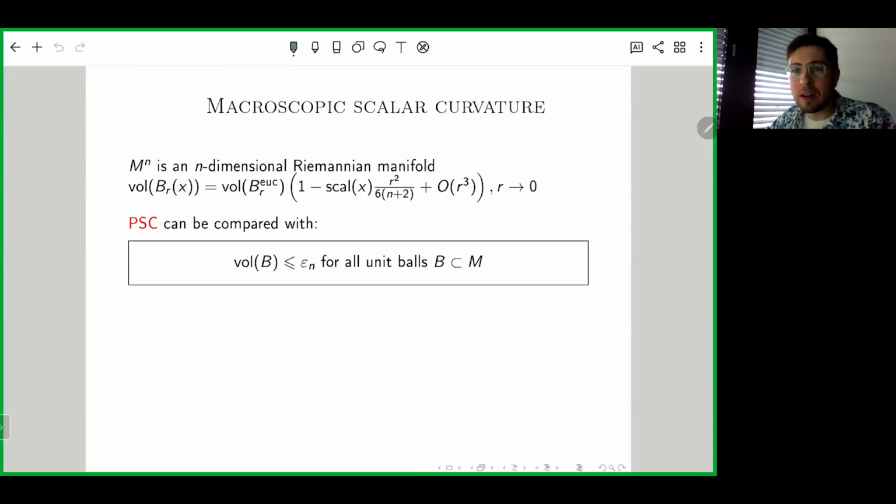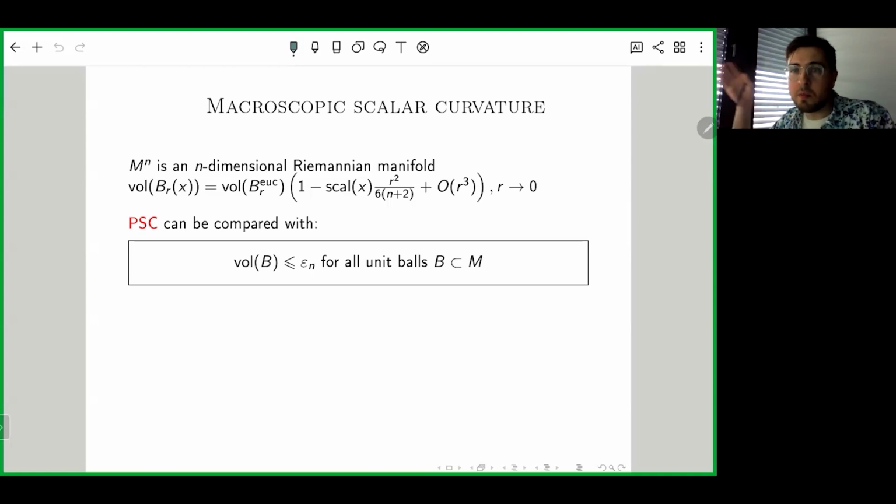So metaphorically, positive scalar curvature can be compared to a condition that Evgeny called macroscopic positive scalar curvature.